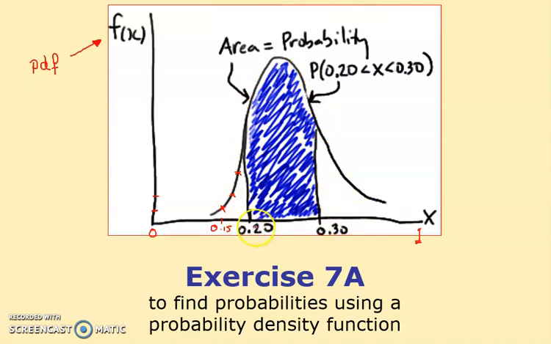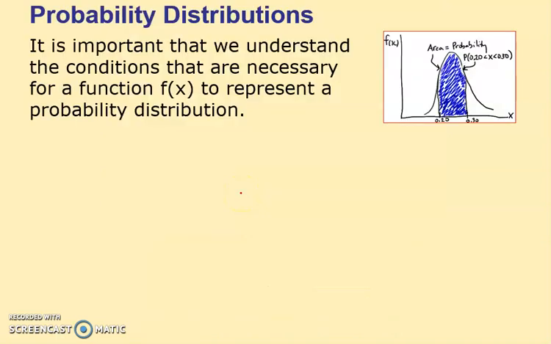And obviously the basic idea is the higher the curve, the more likely it is to happen with that value of x. And so we're looking then for a numerical x value which, as it changes, the probability of that occurring changes.